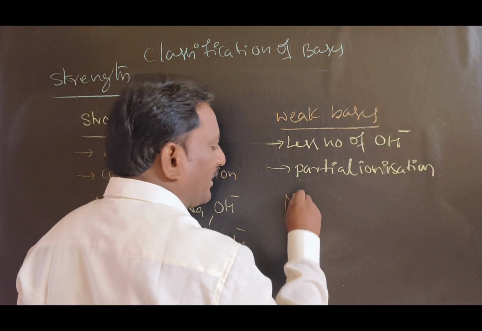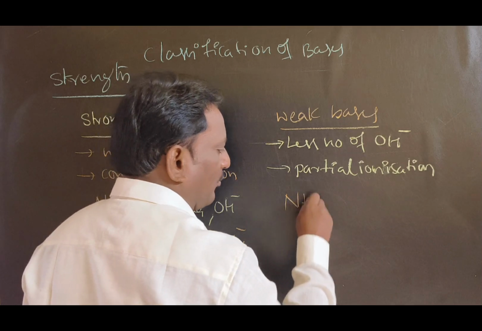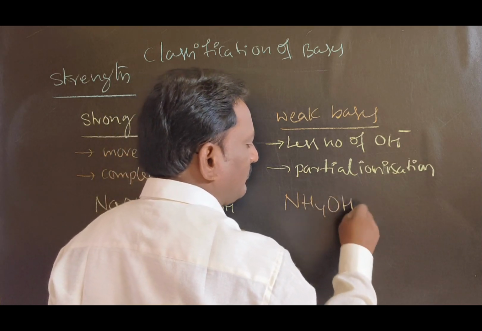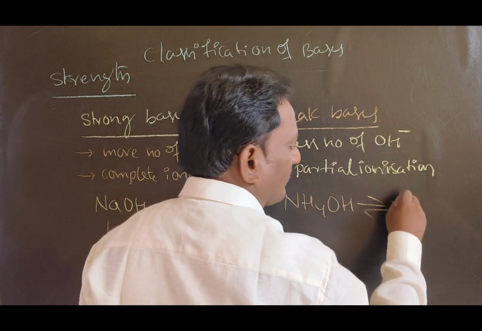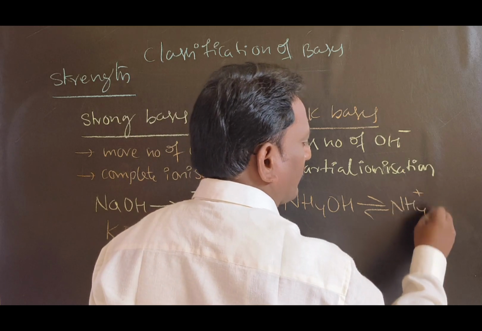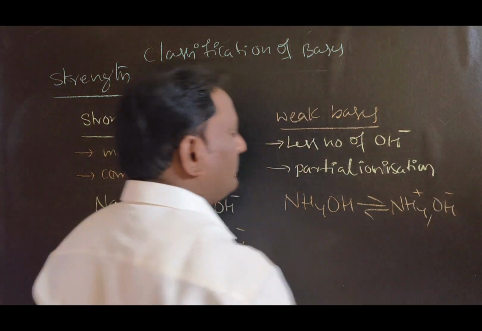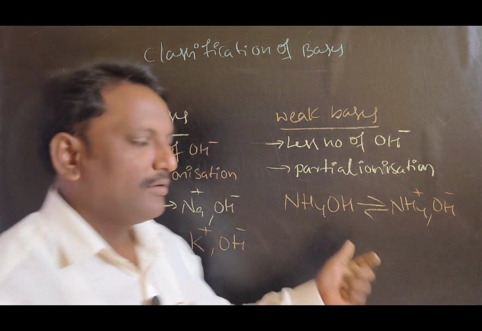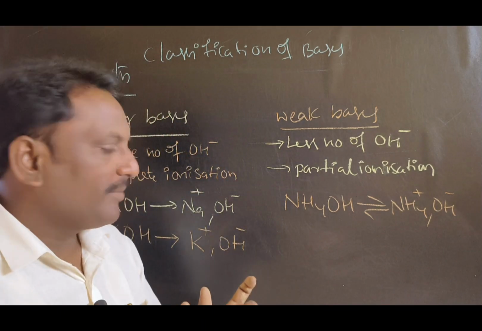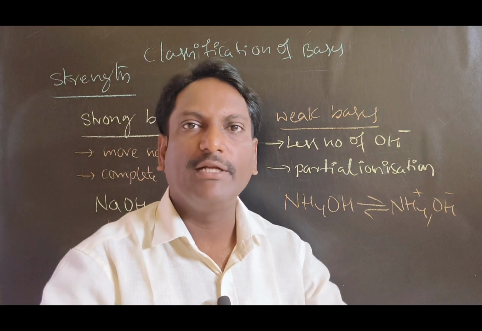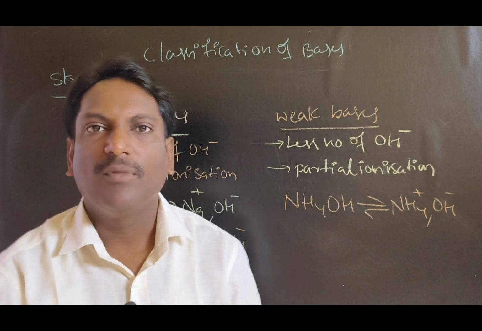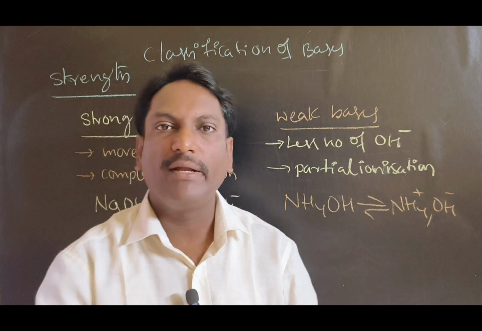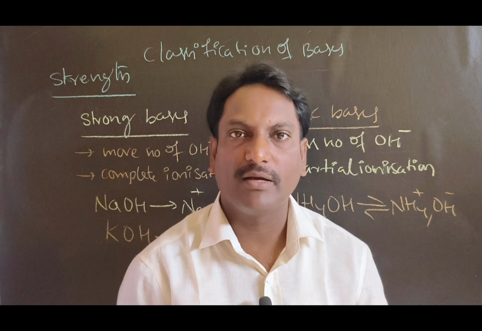Example, ammonium hydroxide. It splits up into ammonium ion and OH minus ion. So when an ammonium hydroxide molecule is dropped in water, it is ready to split into ions, but the ions again combine together and give molecules back.